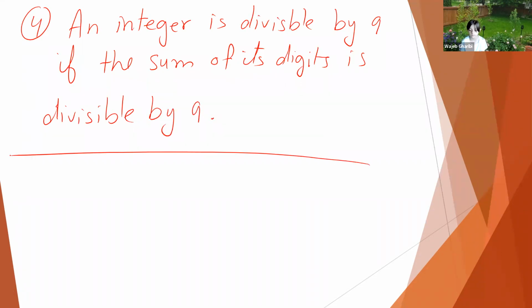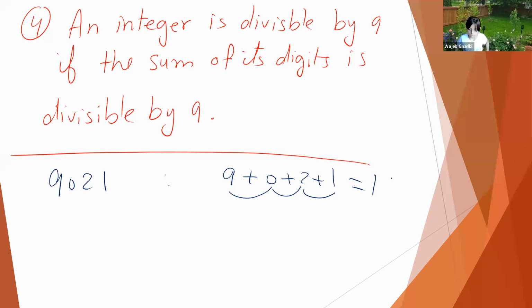Okay, let us have an example, please. 9,021. Is it divisible by 9? Let us check if yes or no. Take 9 plus 0 plus 2 plus 1: 9 plus 0 is 9, plus 2 is 11, plus 1 is 12.